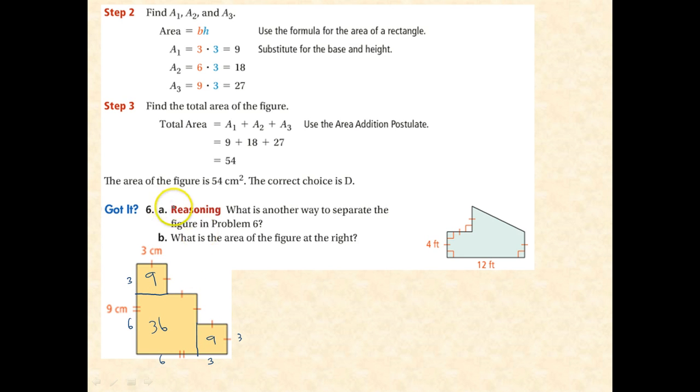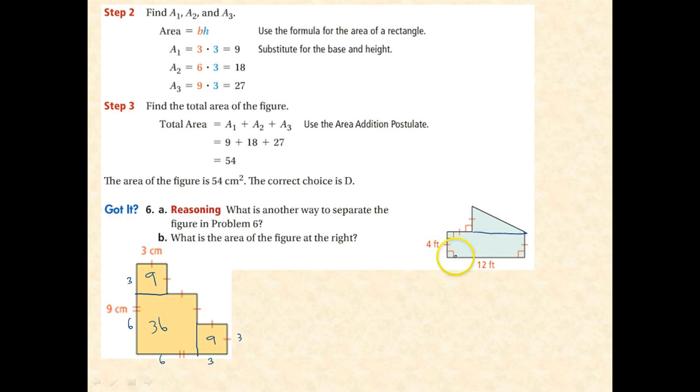Alright, pause. See if you can figure out the area of this figure right here. Alright, so maybe you cut it up the same way I'm going to, maybe not. But since this segment is congruent to this segment, I know that this point is the same height as this point. So I can cut it right there and I'll have a rectangle and a triangle.